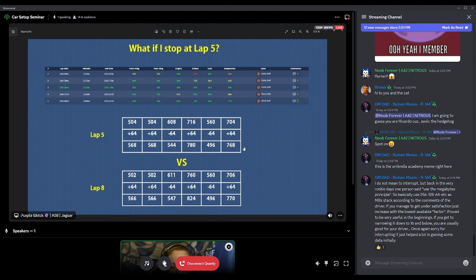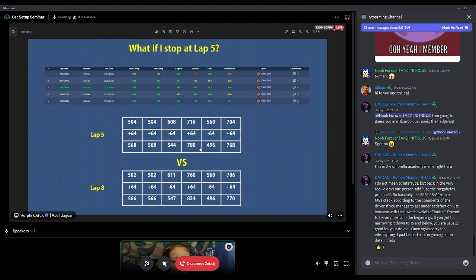These are the final values that I would be using if I only decided to use 5 practice laps for the setup. And in the case of the 8 laps, as you can see, we have more precise values, but check how the wings, the engine, the gear, and the suspension are really, really close.